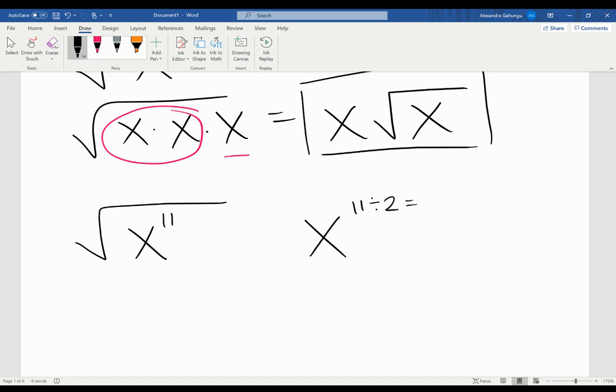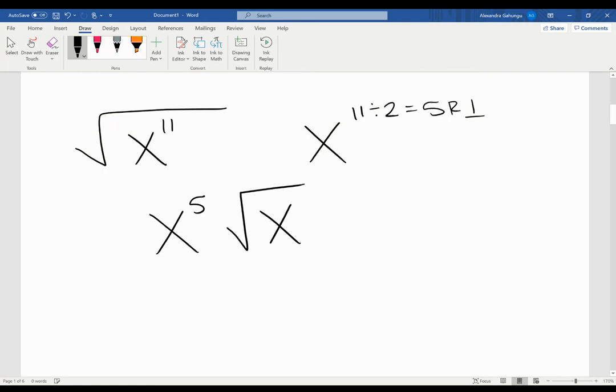So 11 divided by 2, closest number that's even is 10, so it's like 5, and there's going to be a remainder of 1. What that means is when I write this with a radical, I'm going to have 5 x's that can leave the house and 1 x that didn't have a buddy, that stays in the house. So this is our final answer.